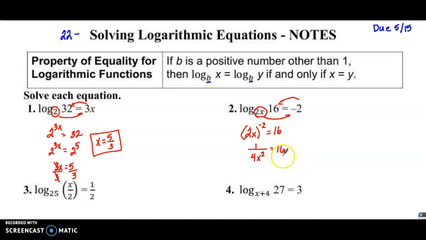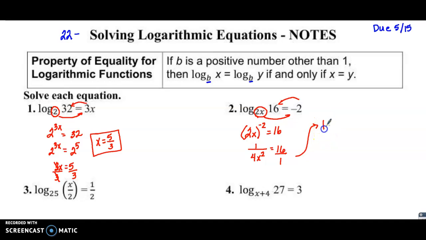So in order to solve that, we want to get x by itself. We know if we have a fraction equal to, and I can turn this into a fraction, we learned with equivalent fractions you can cross multiply. 1 times 1 is 1.